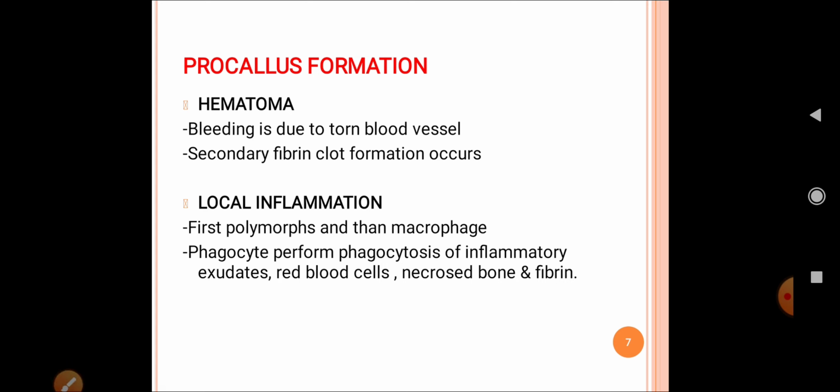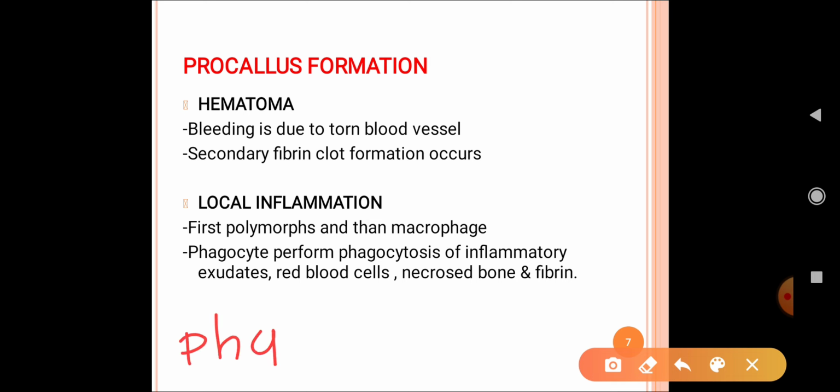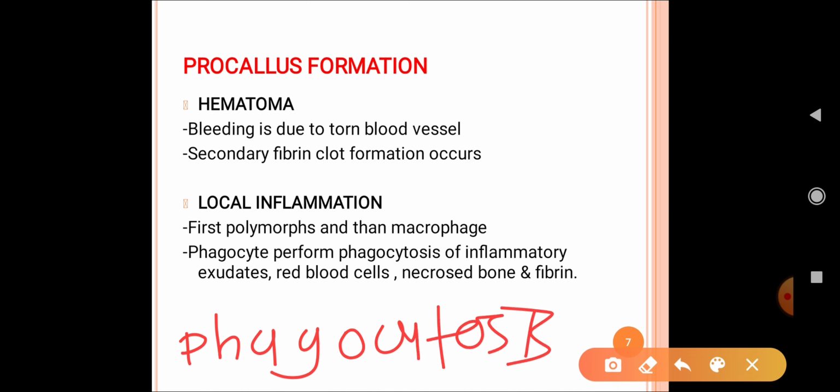As you might remember, the main purpose of inflammation is to do phagocytosis. The neutrophils and macrophages will do the function of phagocytosis. They will phagocytose the inflammatory exudates and red blood cells that are recruited there. Means they will try to remove the red blood cells.